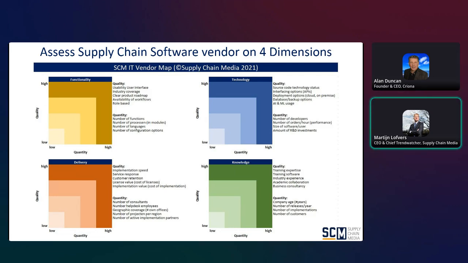And my point of this is, don't only look at functionality. There are 4 dimensions. One is functionality, one is technology, the third one is delivery, implementation, and the fourth one is knowledge or domain expertise. How well are they known in retail, etc. So this is a different approach from my side. So what is your take on this?